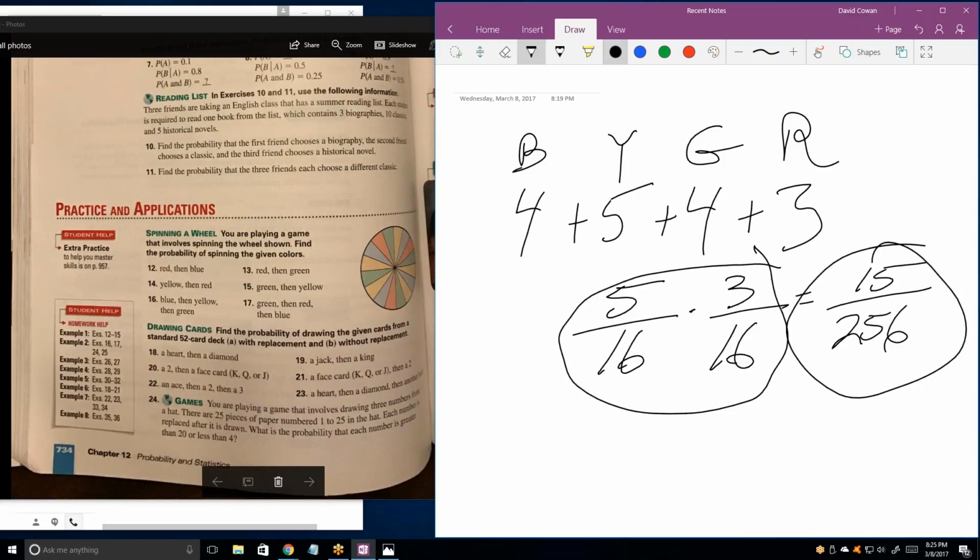Now, one other way you can tell you can't simplify it is it's not divisible by 5, not divisible by 3, and you know why I know that's not divisible by 3? Because the sum of the digits add up to be 13, and for a number to be divisible by 3, the digits have to add up to a number that is divisible by 3.